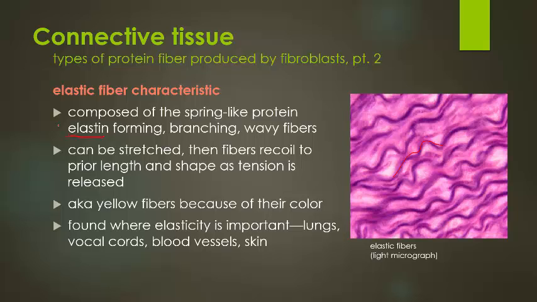They're also called yellow fibers because they have a yellowish color. On the slide here they don't look yellowish because they've been stained, and they stain a very dark purple. They're found where elasticity is very important, say in the lungs where we have to stretch the tissues as we breathe in, at the vocal cords, and in blood vessels and skin.